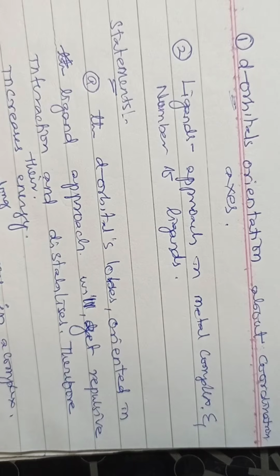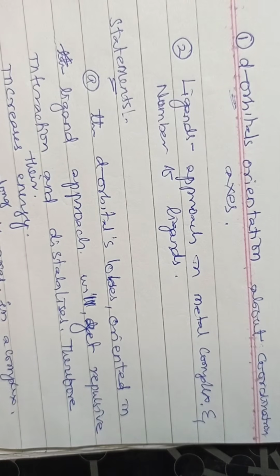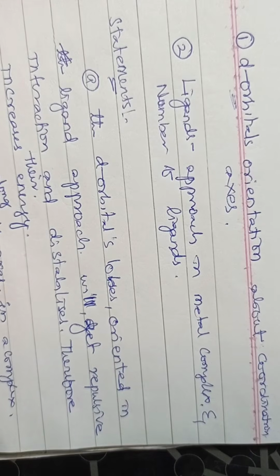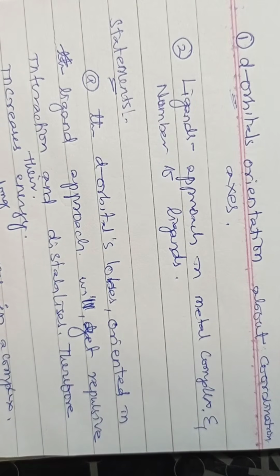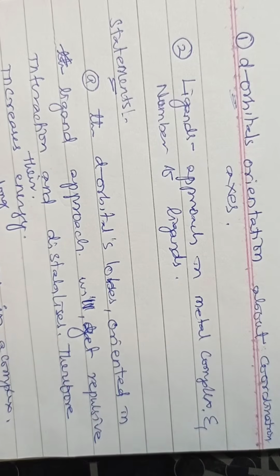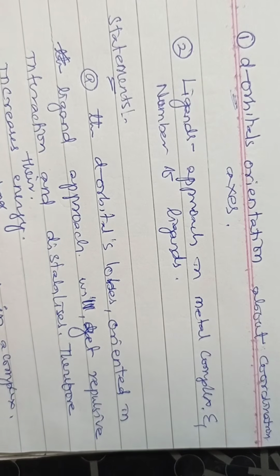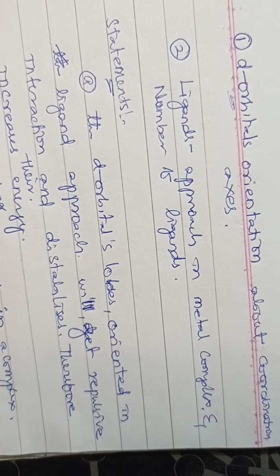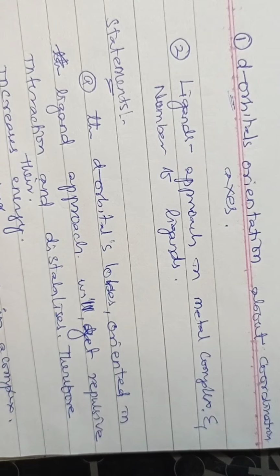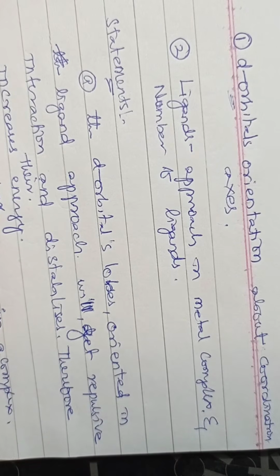If the 4 ligands are along the x-axis and y-axis, right, then, if this is the metal in the middle, this is the x-axis, left to right we consider as x-axis, and front to back we consider the y-axis, right?